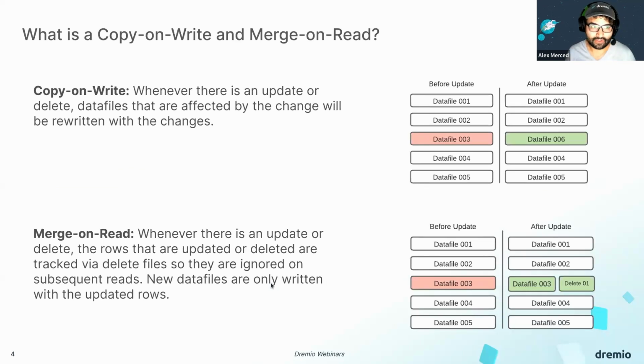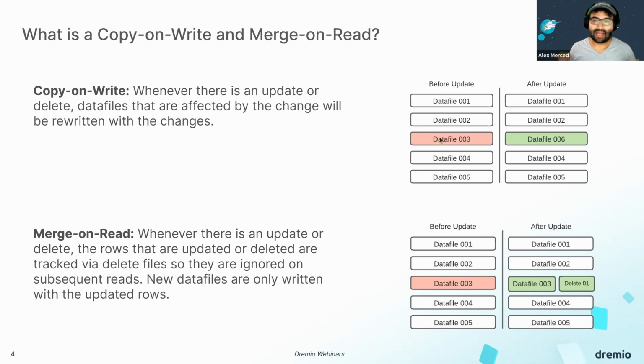By default, a table is going to apply what's called copy on write. With copy on write, let's say I update one record. For example, before the update, I have 5 data files: data file 1, data file 2, data file 3, data file 4, data file 5. I run a query where I update one or many records inside data file 003.